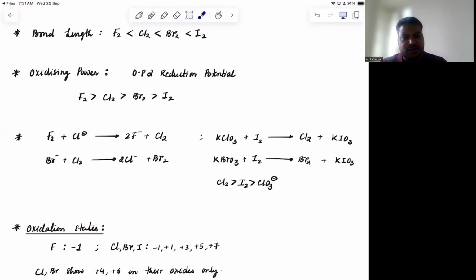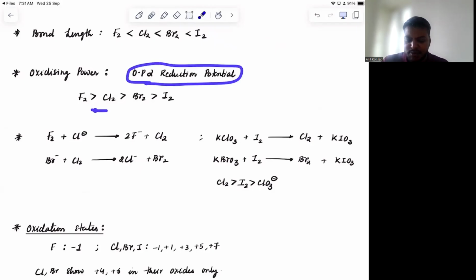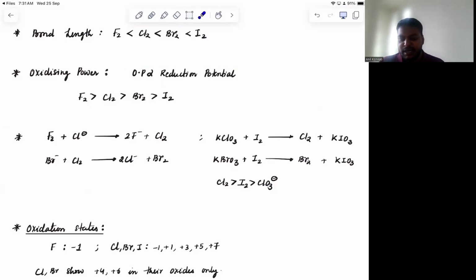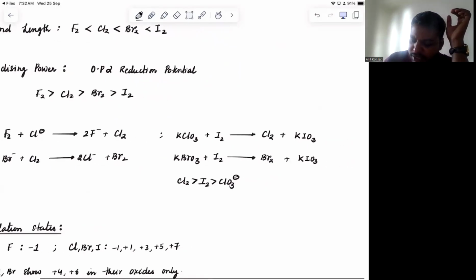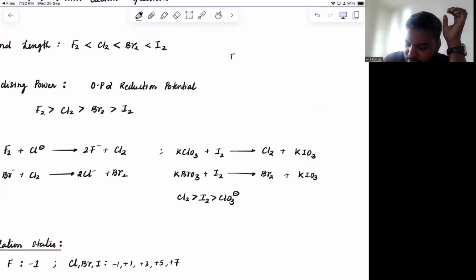If you notice the oxidizing power for this one, oxidizing power mainly depends upon how much ability it has to form the aqueous ion. So, for example, if it comes to fluorine, just write down that here. If it takes fluorine as a gas to convert into F minus aqueous, then what are all the energies it will go through?